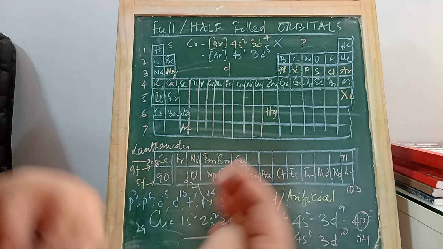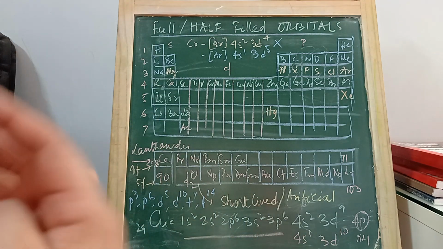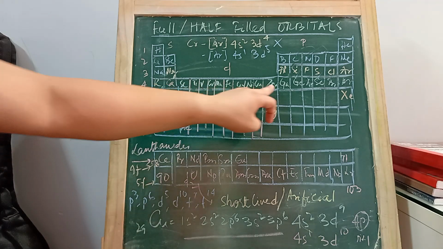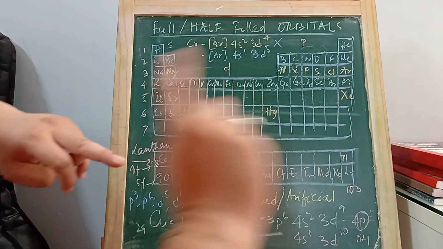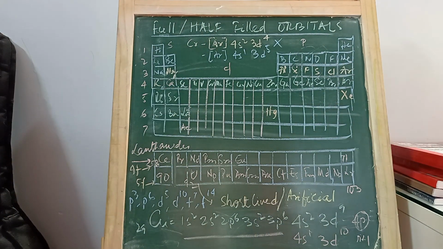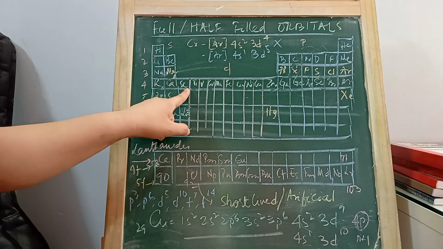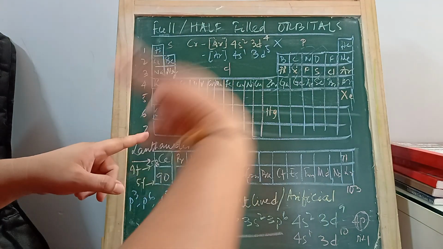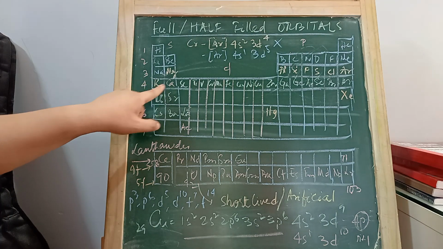The d orbitals can accommodate a maximum of 10 electrons. That means there will be 10 elements. So here to here, scandium to zinc, there will be 10 elements in which the d orbitals are filled up progressively. The first element is scandium and its configuration will be up to argon, then after writing the configuration of argon, 4s2 is filled up.